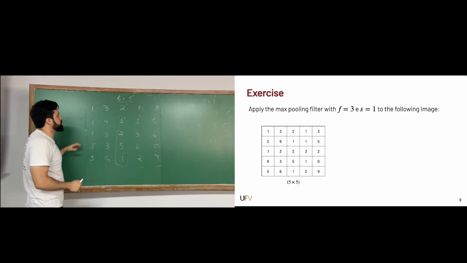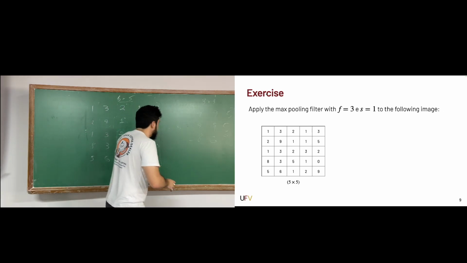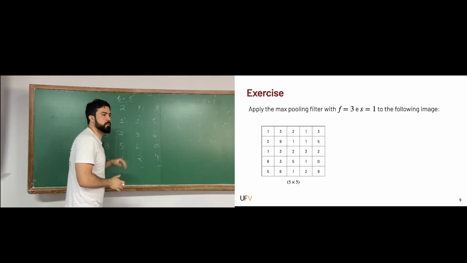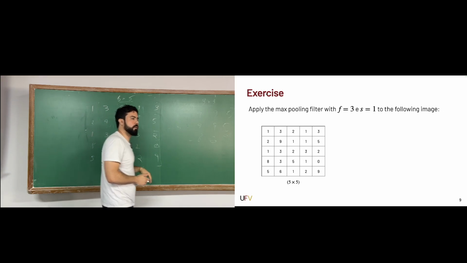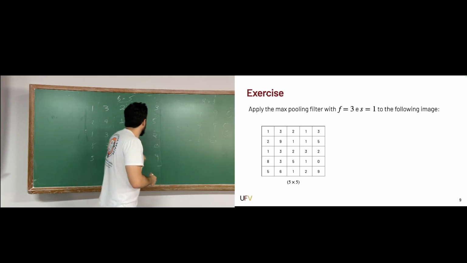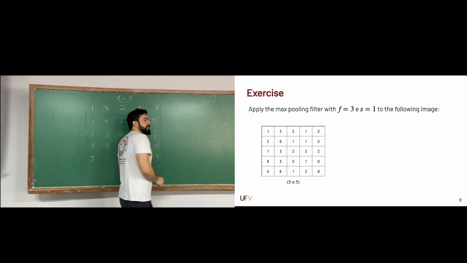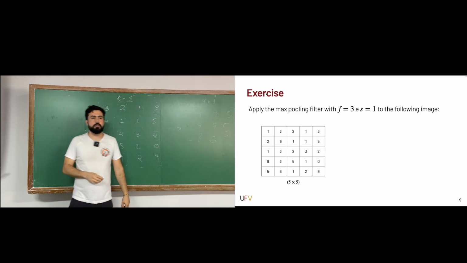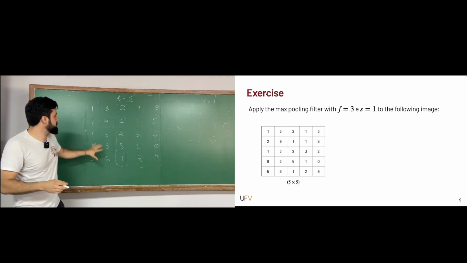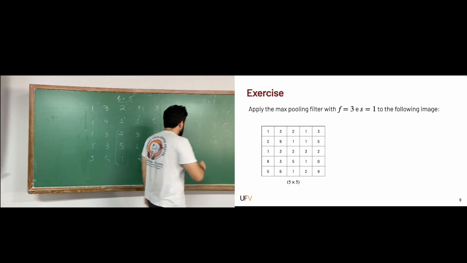So what max pooling does is really highlight these maximum values. Okay. So if you have a high intensity pixel, max pooling is going to detect that. Okay. And summarize this image by this feature map. So we call this a feature map.